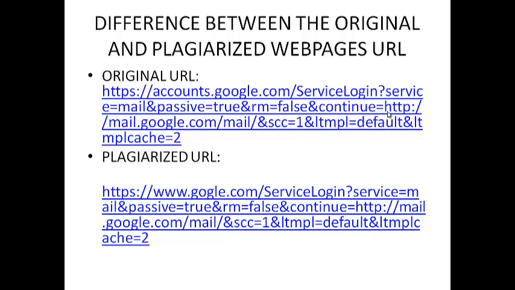The second URL is www.google.com, which looks like google.com, which is the URL of the plagiarized web page of Gmail. But at a glance, there is a chance to mistake this www.google.com as google.com, which is the URL of the original Gmail web page.